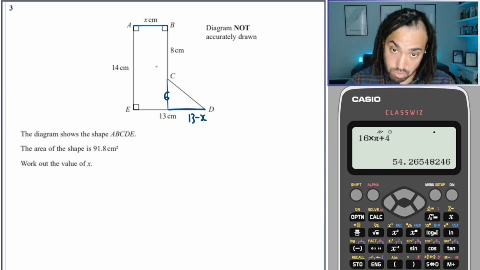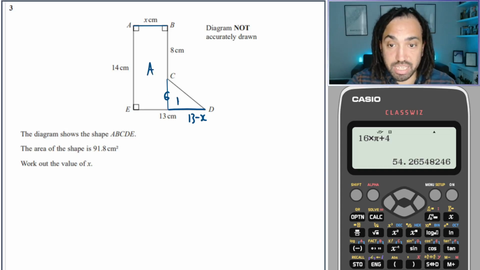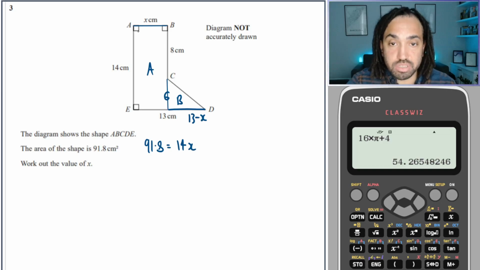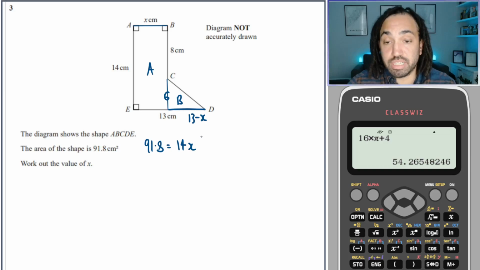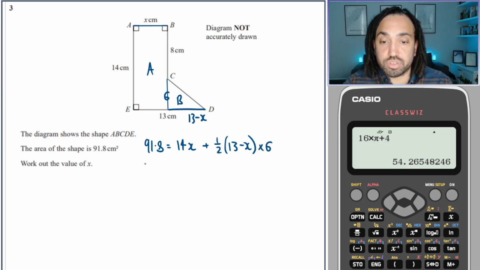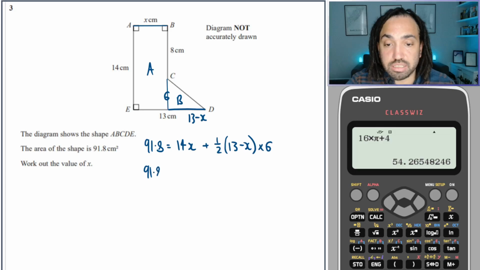So the overall area will be a plus b. So 91.8 will equal a, which is 14 times by x, because the width is x and the length is 14, and it's a rectangle, plus a half of the base of the triangle multiplied by the height, because that's the formula for a triangle, half base times height.